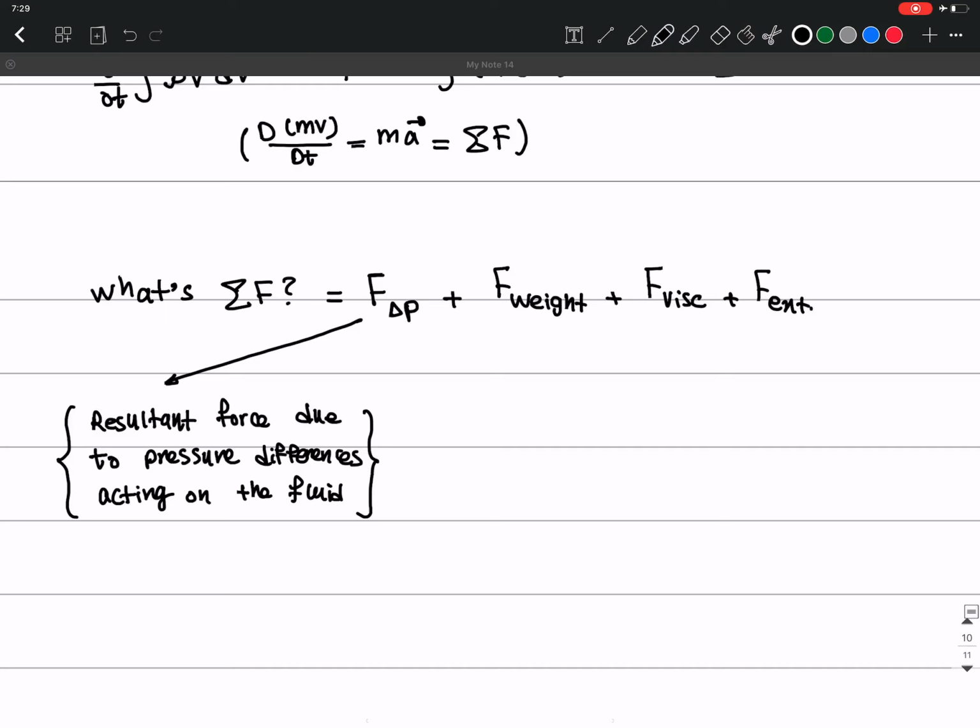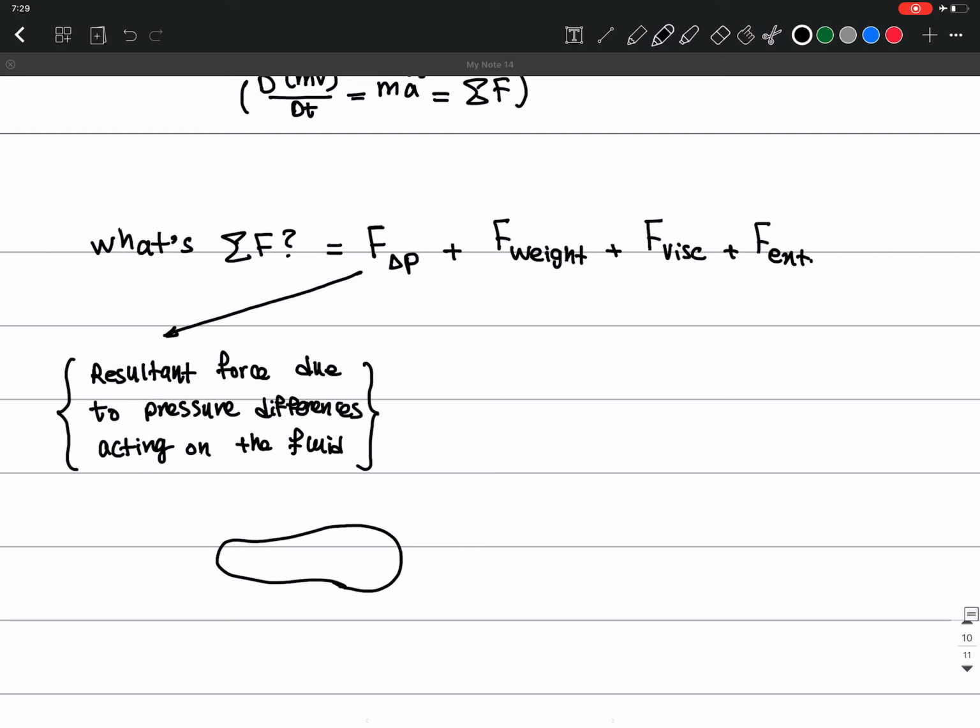So say you have again that arbitrary control volume, and there are many pressure forces that act on this control volume. So pressure could be high here, lower here, and in different directions, right? With different magnitudes. So we want to see what is the net pressure force.